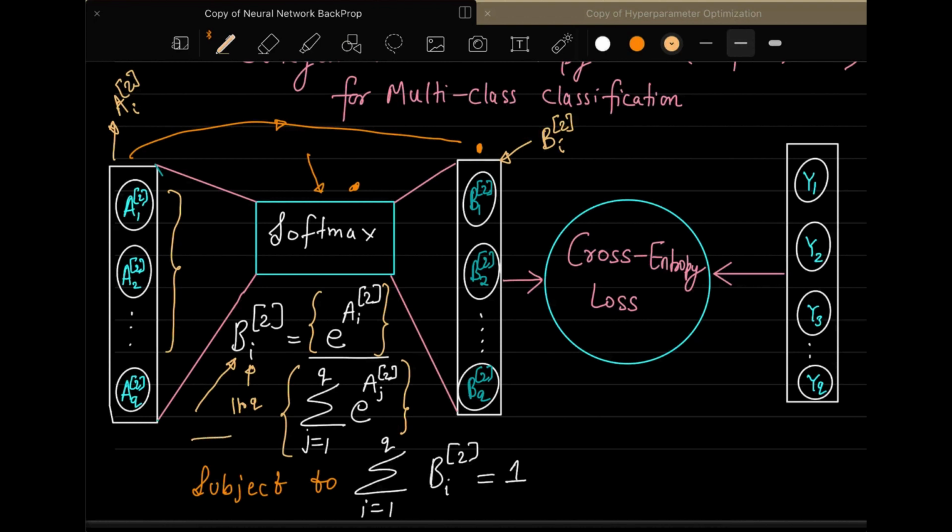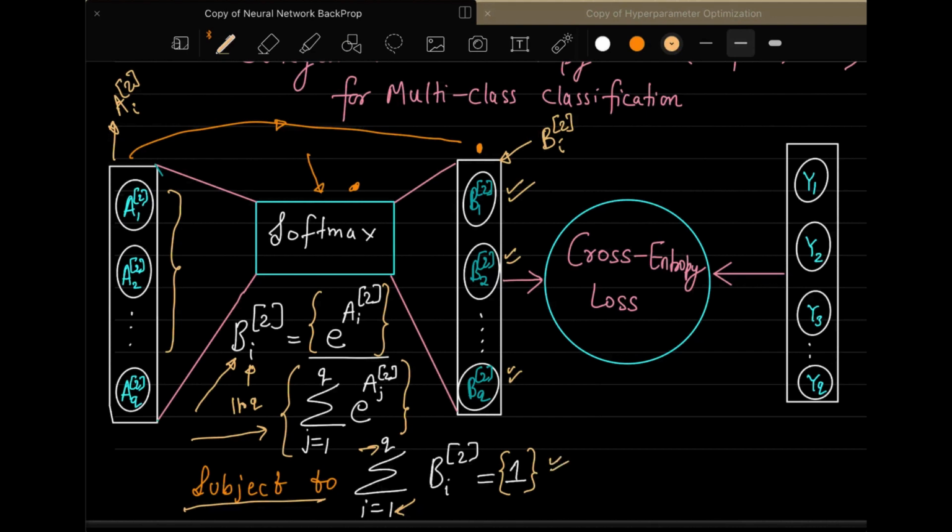So this equation is very simple, I think there is no problem in understanding this. But one thing that is important is that there is a constraint, and that constraint is that all the units, whatever units you have here, this one and this one, when you sum them up with i running from 1 to q, that value should be 1. So this is very important. All the nodes should sum to 1.